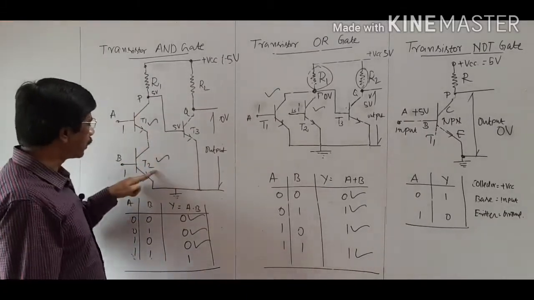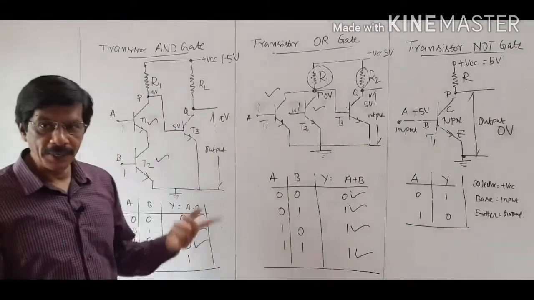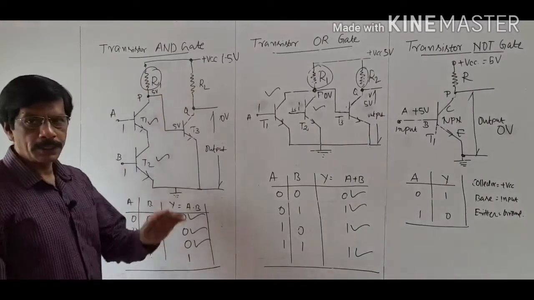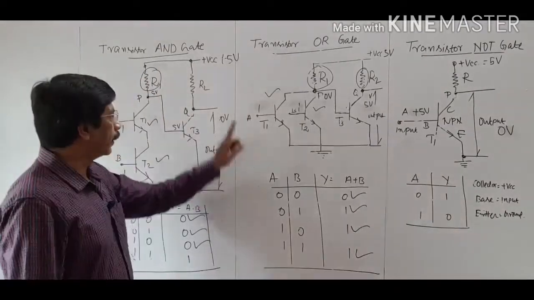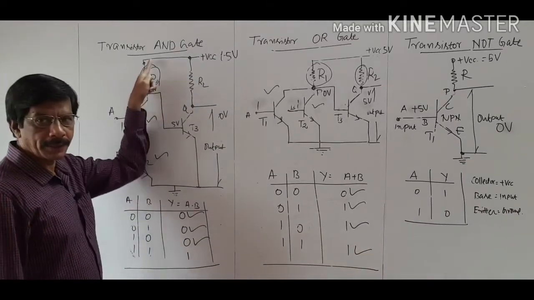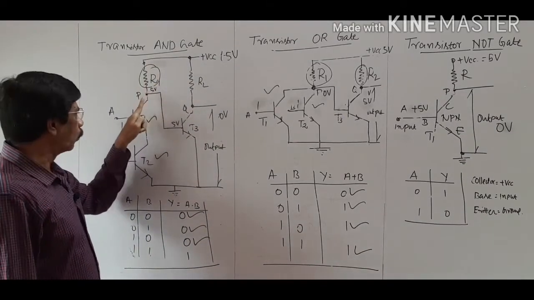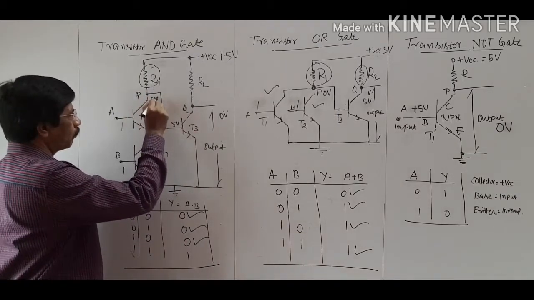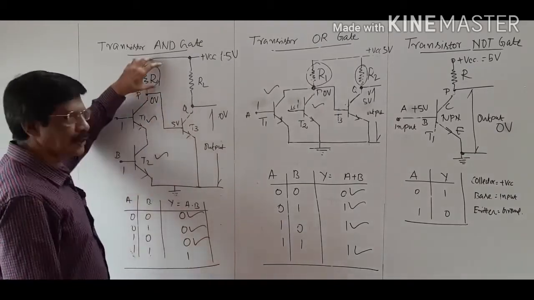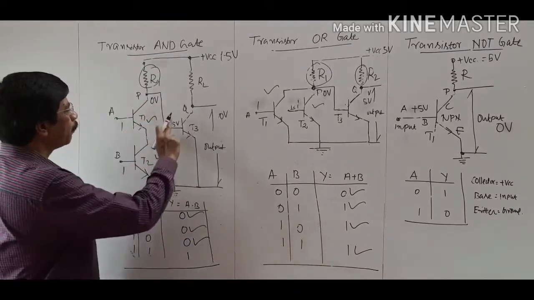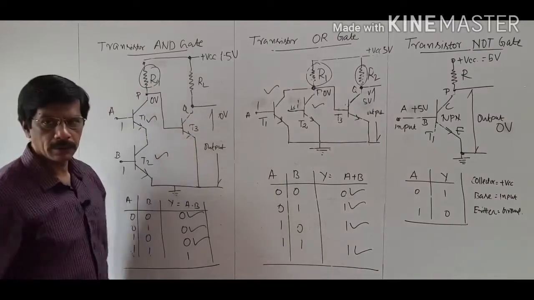Both transistors are switched on, generating current, that current is dropped across R1. In this case alone, the plus 5 volt cannot enter through the resistor, and the voltage at this point P is almost equal to 0 volt because of voltage drop. This 0 volt is connected to base of the transistor T3.